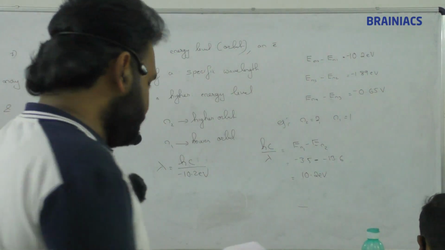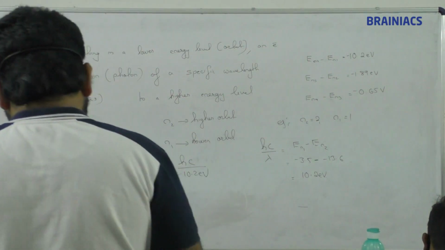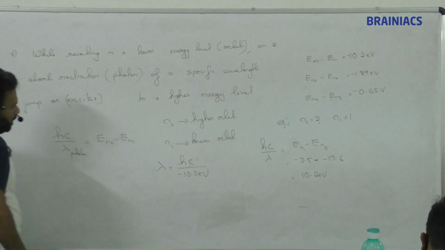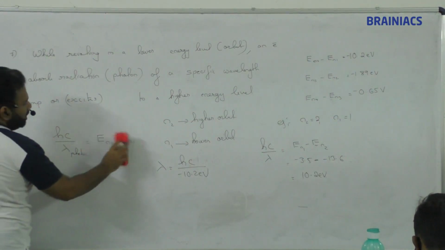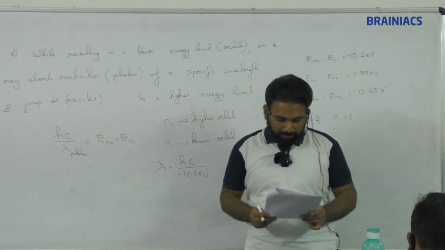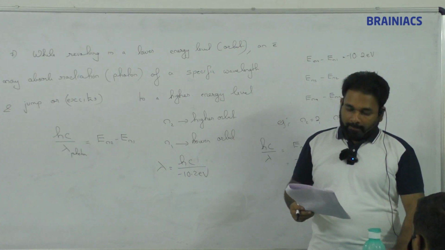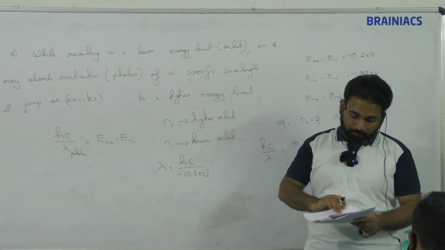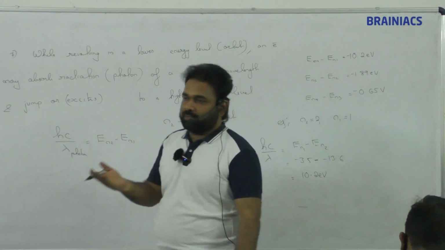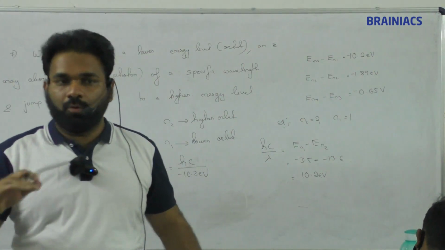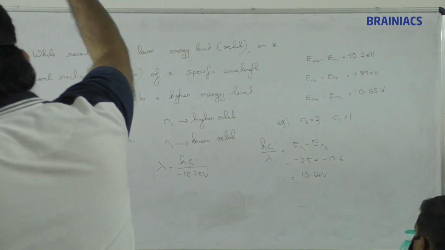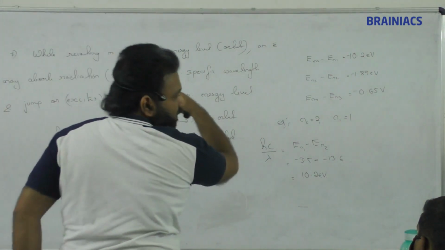Clear? Higher energy level, and the same thing: hc by lambda is going to be the change, En2 minus En1, the difference will be the same. In both cases you can take En2 minus En1. One will be of the higher orbit, which will have more energy, the lesser one will have less energy. Clear or what?